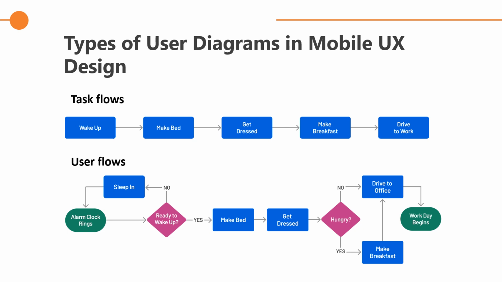Parts of the user flow include your entry point, by which a user is going to access the mobile app. Are they getting there through a Google search, or are they clicking on an ad? Are they clicking a link?